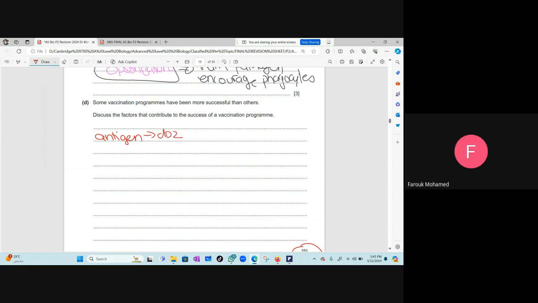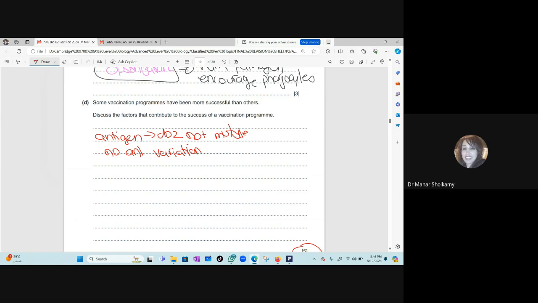Now, how do we describe that? If it mutates, no antigenic... variation. Yes, no antigenic variation. Good. No antigenic concealment, it doesn't hide. No antigenic shift, it doesn't change throughout the life cycle of the pathogen. It doesn't mutate is enough.